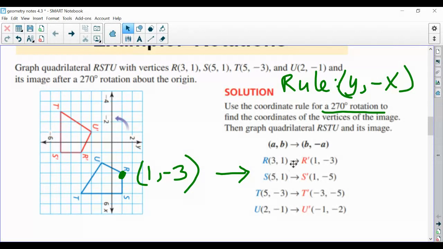But if you use your coordinate rule, you would switch the Y with the X, but then make the X number the opposite sign. Same thing with points S, T, and U. Notice point T. If you use the coordinate rule, you take your X and Y and you flip them. So we put the Y coordinate first, you put the 5 last, but the 5 changed to a negative because it says negative X.